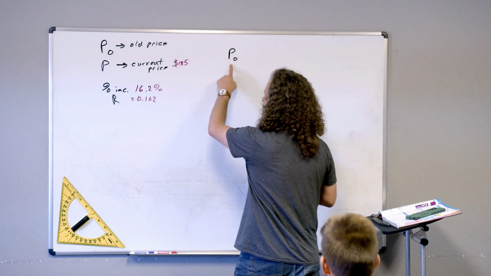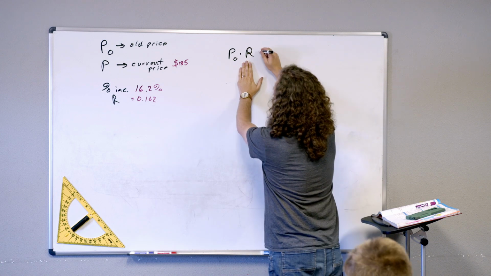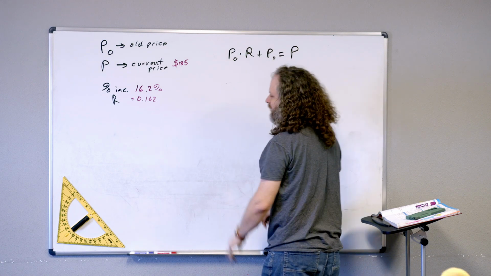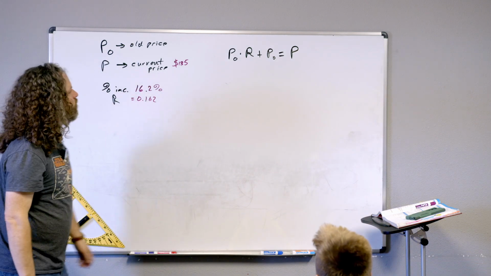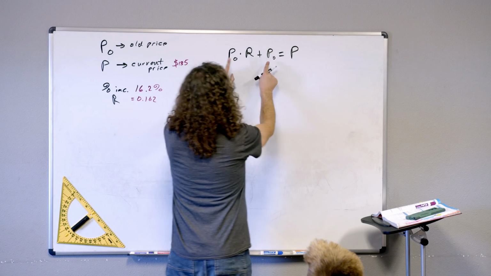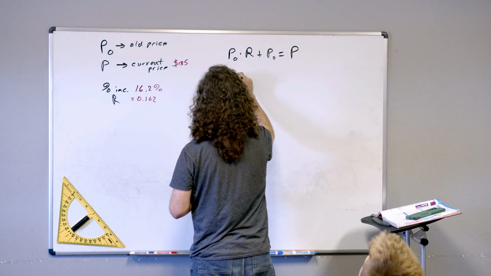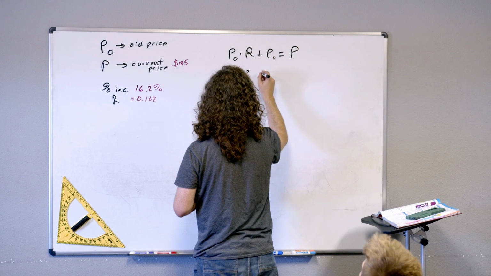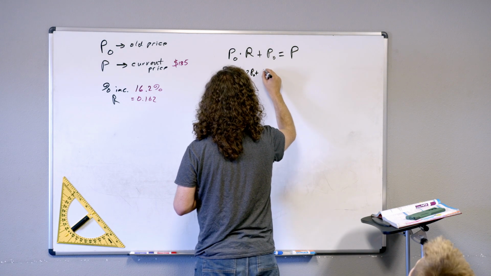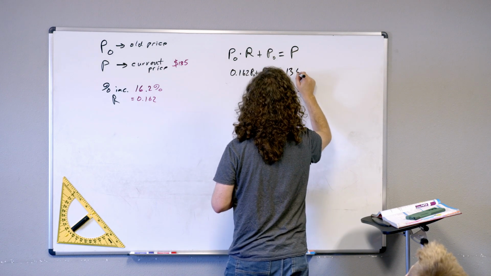It would be the original price times the rate plus the original price equals the final price, right? So now we start shoving stuff in this thing. We don't know P naught, but we do know the rest. 0.162 P naught plus P naught equals 135.